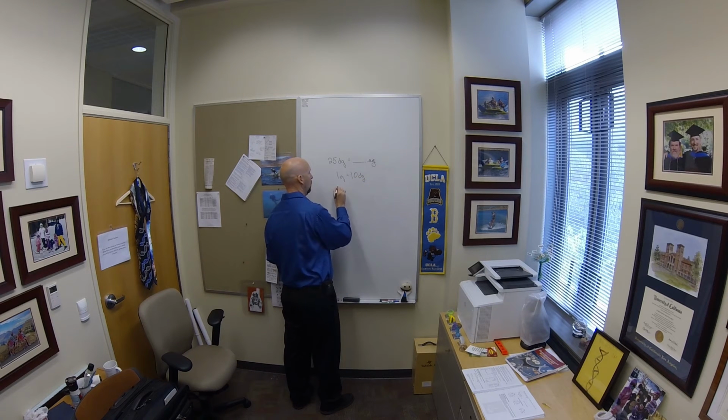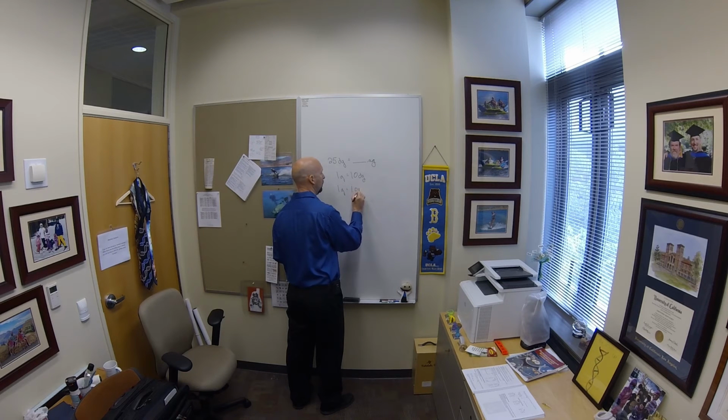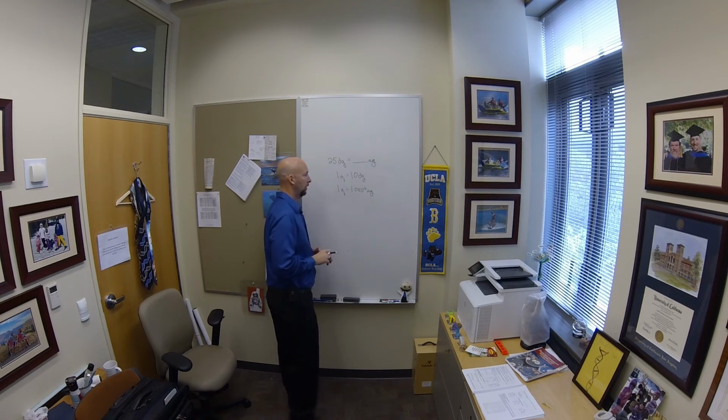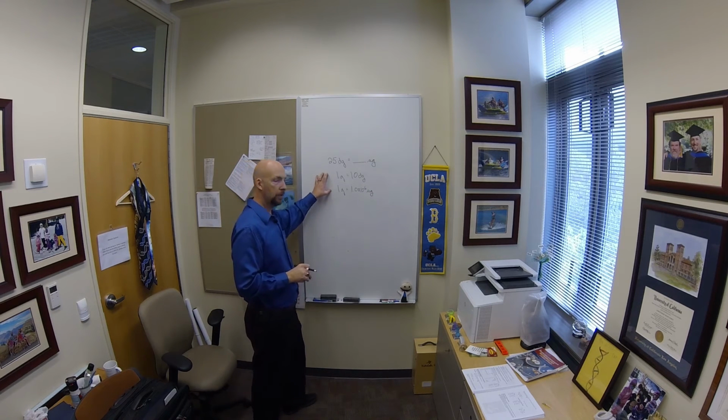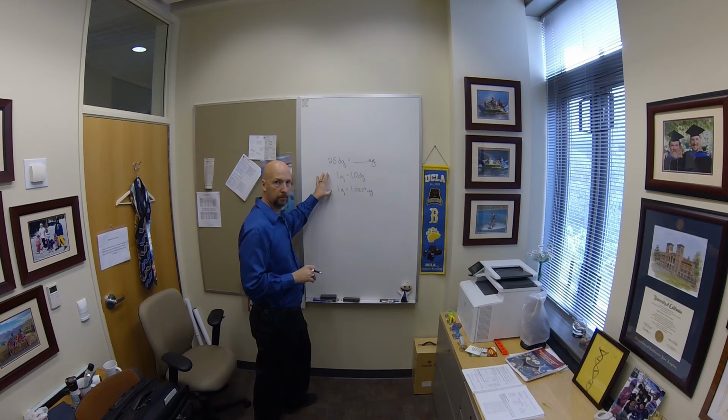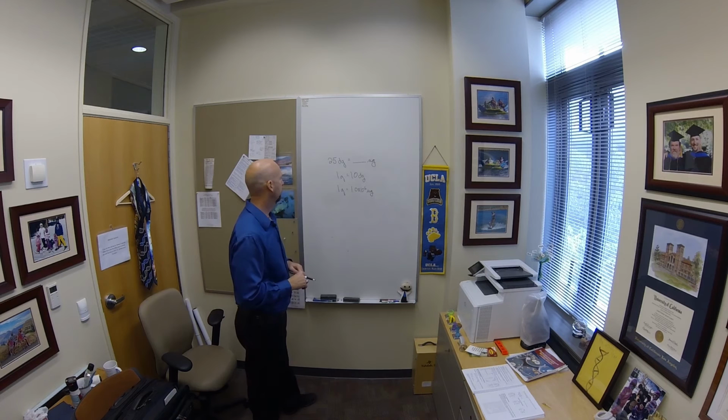I expect you to know that 1 gram is equivalent to 1 million micrograms. Okay, so you need to know these two conversions right here. Now, once we do that, we can set the problem up.